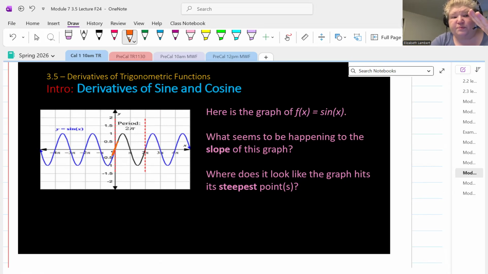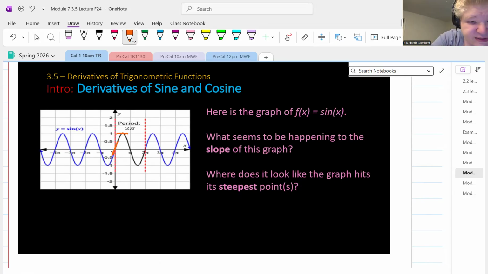So even though the slope looks kind of steep, maybe it's a rise of 2 or 3, it's really hard to say because the measurements here are very weird. But we can say it's positive. Even if I stretch that graph or squish that graph, definitely the slope there is positive. And then when I look at my peak point, I can say for sure at the top of that curve, that is a slope of 0.